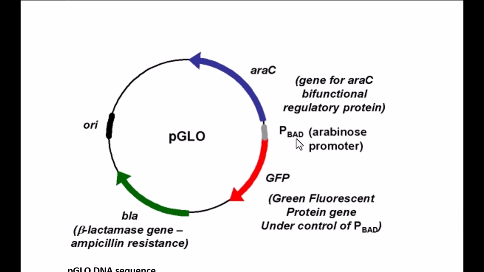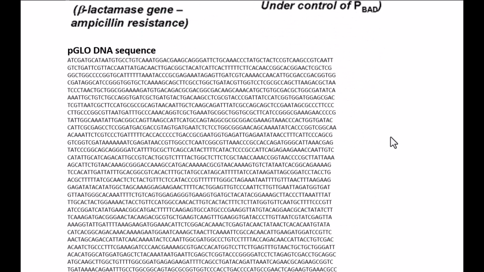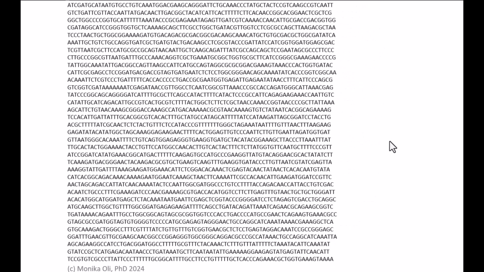But if I give you the task now to cut out the GFP gene and clone in the RFP gene, the red fluorescent protein gene, how are you going to do that? I want to have my bacteria not glowing green, but glowing red. So I'm going to give you the sequence of the plasmid.